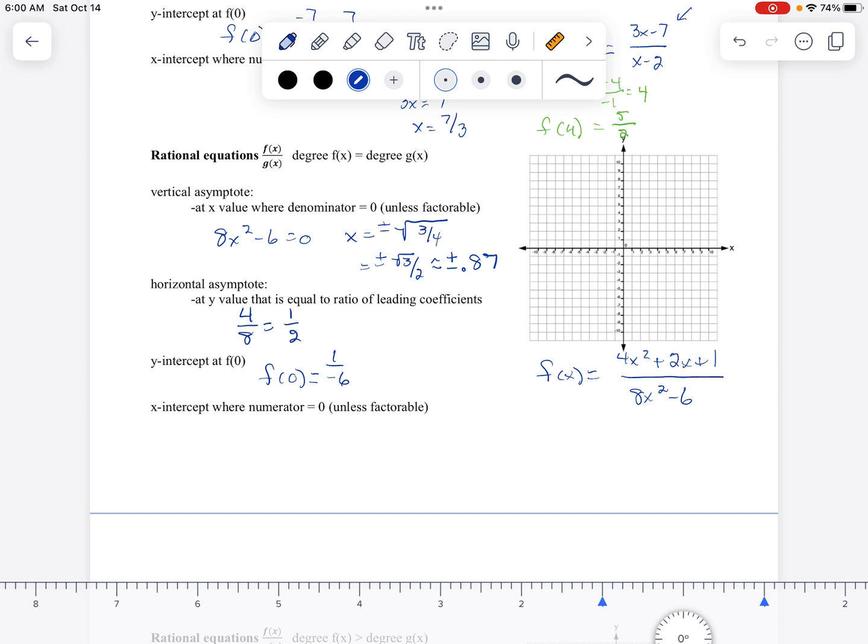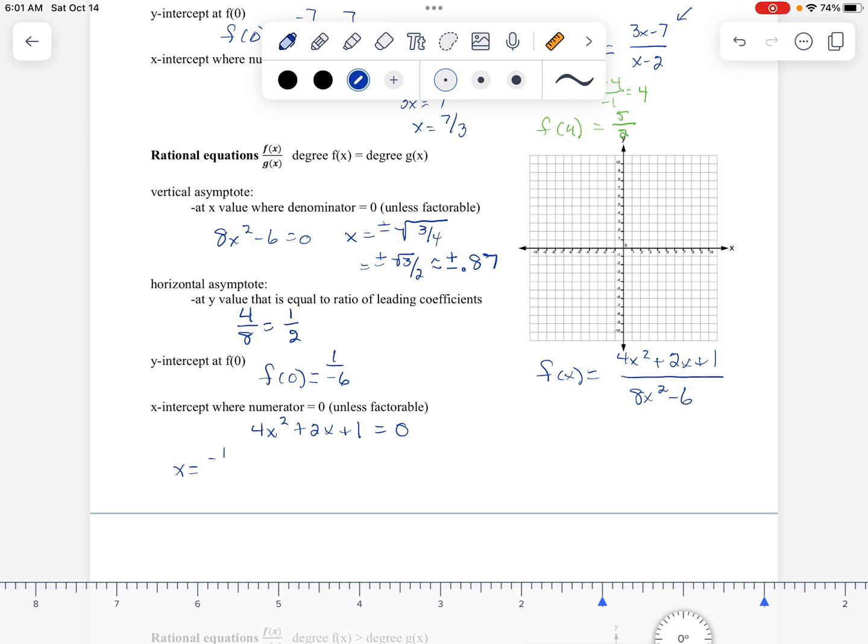And my x-intercept is where the numerator equals 0. So I have to look where my numerator equals 0. And I am going to look where 4x squared plus 2x plus 1 equals 0. And at that point, you could just use the quadratic formula, or you can go ahead and factor.